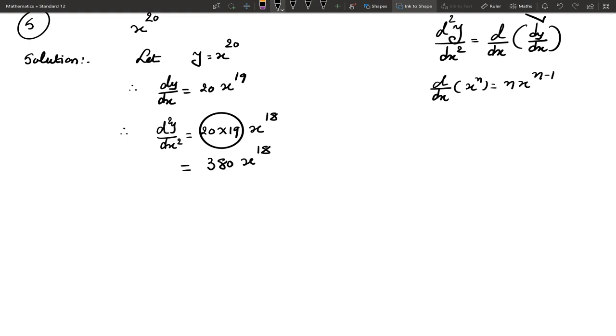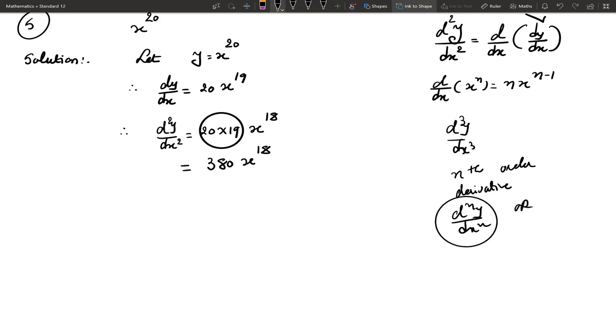Third order derivative, it is denoted by d3y by dx3. In higher education, you have to evaluate nth order derivative. So it is denoted by dny upon dxn, and this is nth order derivative, or yn.